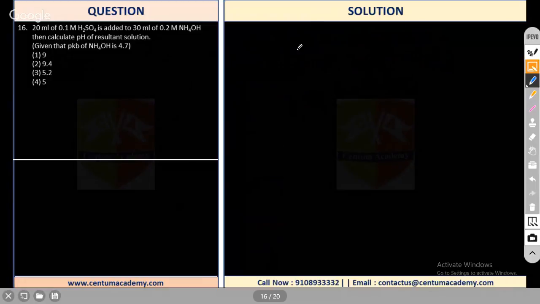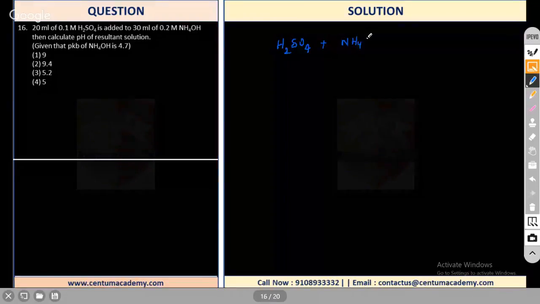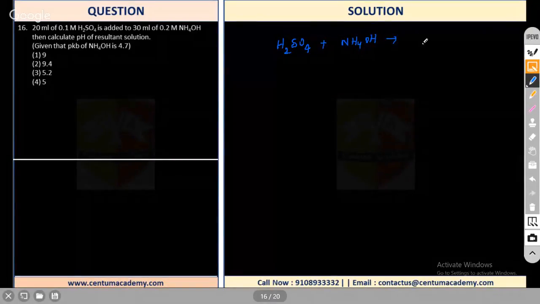First of all, the reaction is H2SO4 plus NH4OH, and this gives you (NH4)2SO4 plus 2 moles of H2O. If you balance this, here also we have 2 moles of NH4OH. This is the reaction.